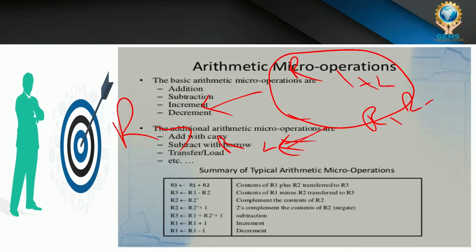Look here: R3 gets R1 plus R2. It means R1 plus R2 is transferred to R3. Then R1 minus R2 is transferred to R3. Then complement the contents of R2. 2's complement, subtraction, increment, decrement. These all are the arithmetic operations.